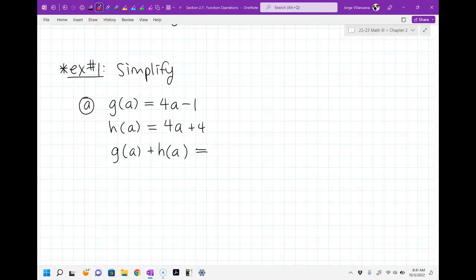So what I'm going to do is write down both functions with the plus in the middle. So I'm going to write 4a minus 1 plus 4a plus 4. Okay, so rewrite your problem here.